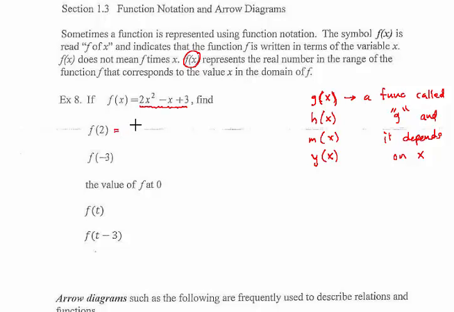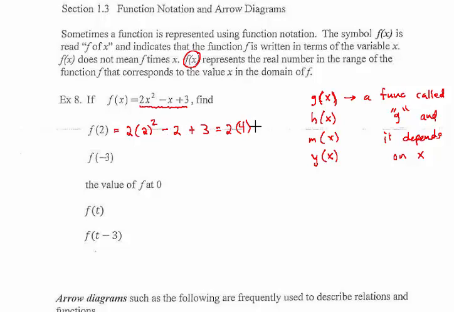Okay, so if the x is replaced with a number such as f of 2, then we're being given instructions to place that 2, to substitute it in for the x variable in the expression to the right. And so that's exactly what we do. We go to the right, we take the expression, and we replace x with a 2. And then what we do is calculate that expression using the order of operations. So 2 squared would be a 4, and then we have an extra 2 in front of it.